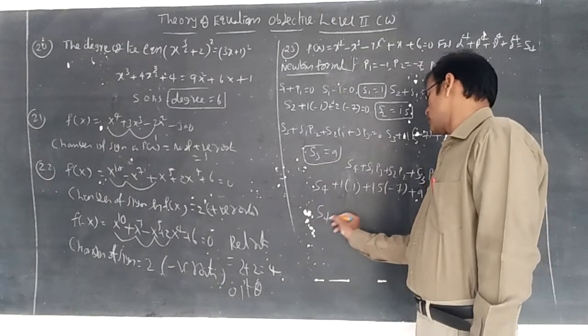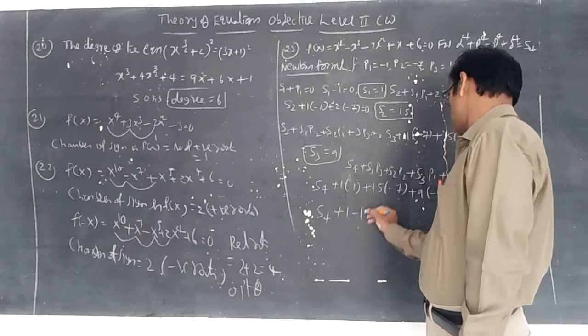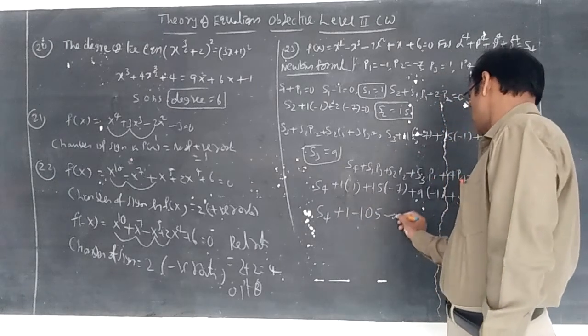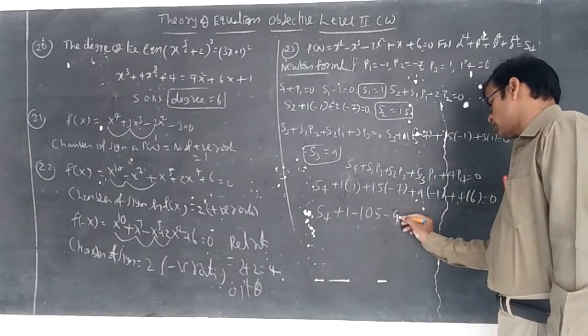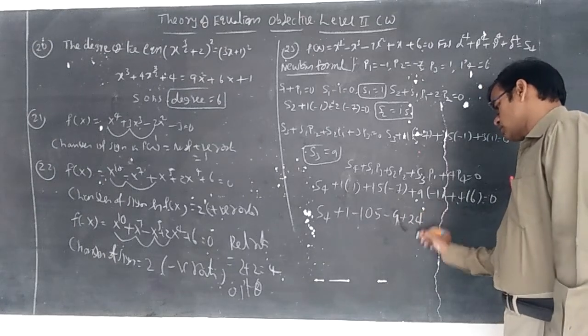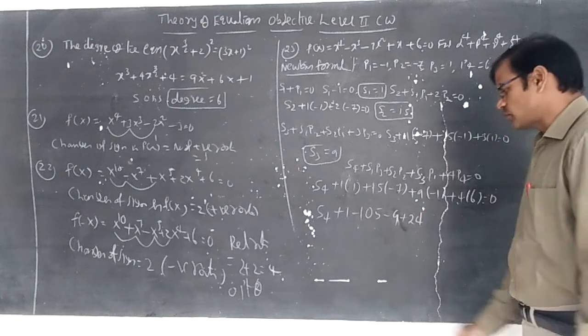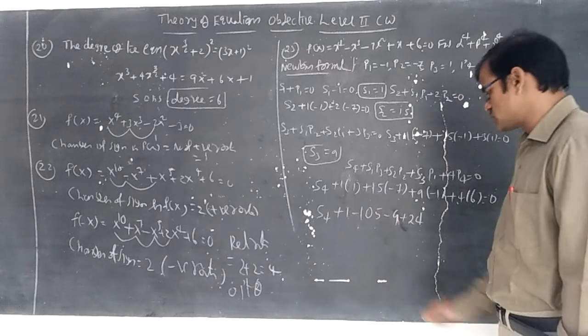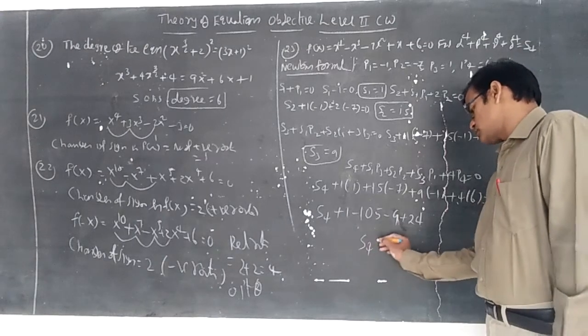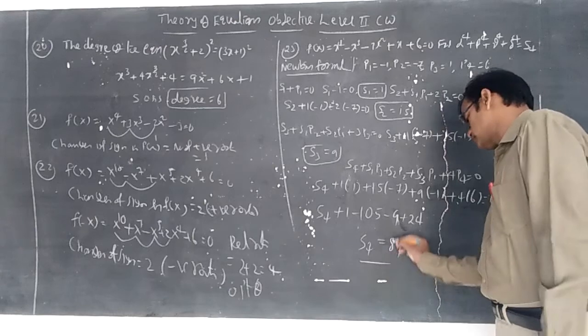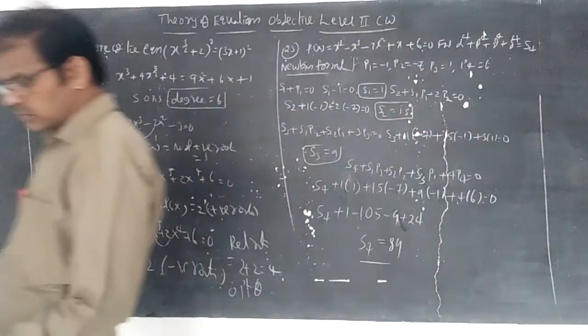So S4 plus 1 minus 105 minus 9 plus 24. 24 and 1 is 25, 25 minus 105 becomes minus 80. So S4 is equal to 89.